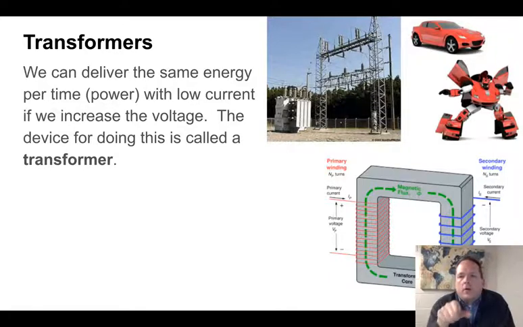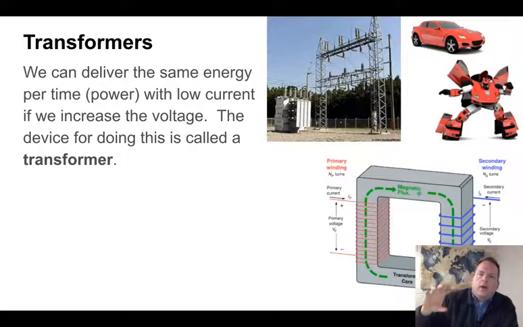If you have this iron core, you wind wire around one side of the iron core, and you wind wire around the other side of the iron core. Then you hook the side known as the primary side to your source of energy. So electric current flows into that primary side and goes around the coil. In going around the coil, it produces a magnetic field.